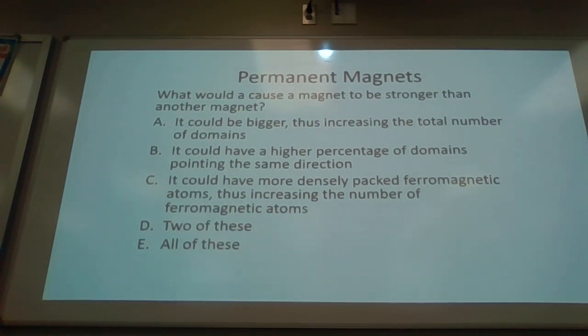Rare earth magnets or neodymium magnets. Remember those magnetic BBs that used to be a thing, like in elementary or middle school? Put them together, really strong magnets that were like small balls. Those were made of neodymium or rare earth magnets.